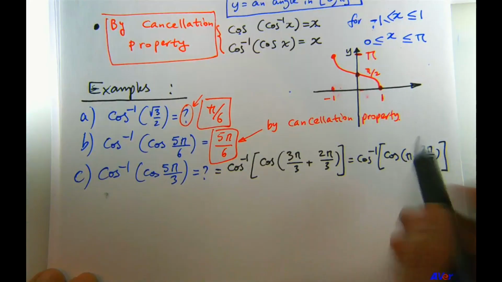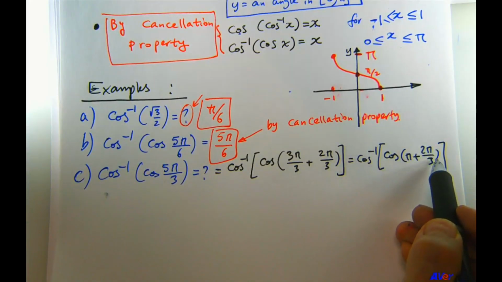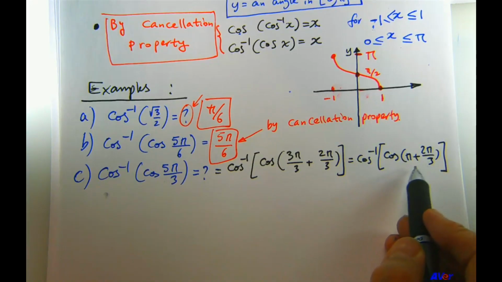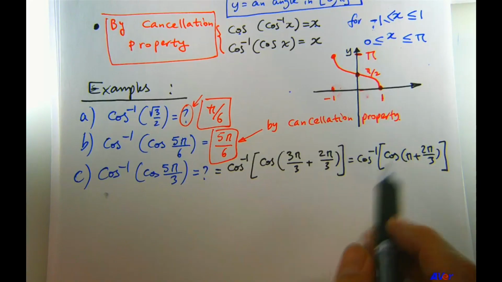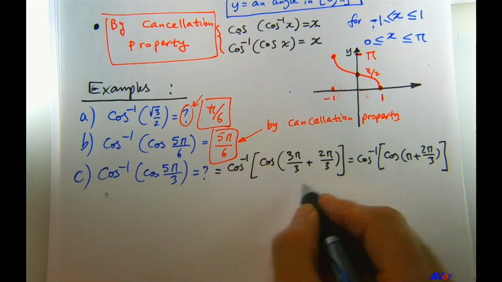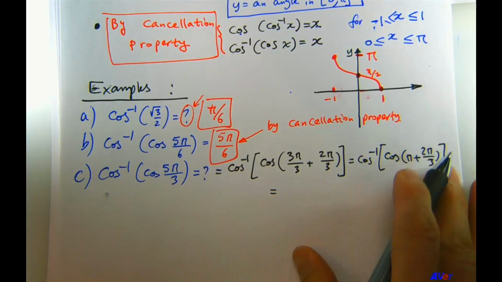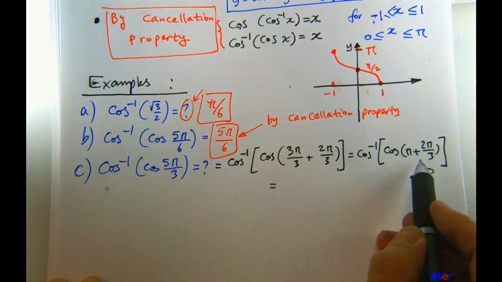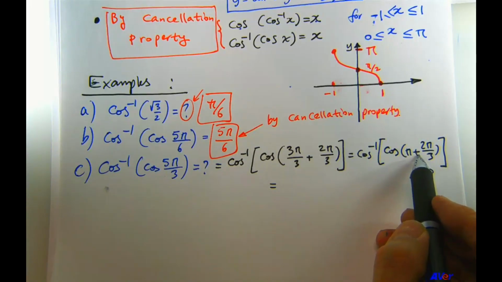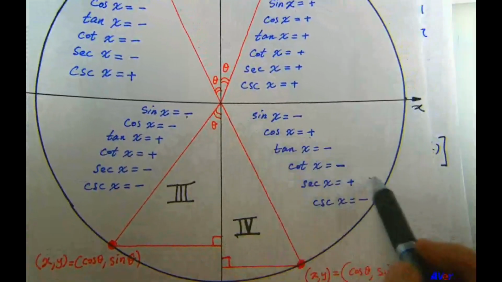Okay, so 2 pi over 3 will take us to, let's see. Let me write this down here. So 2 pi over 3, we're in the third quadrant.